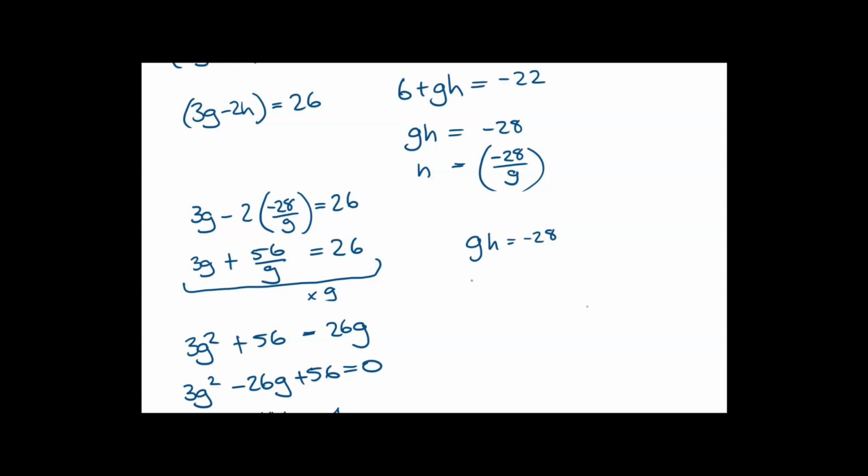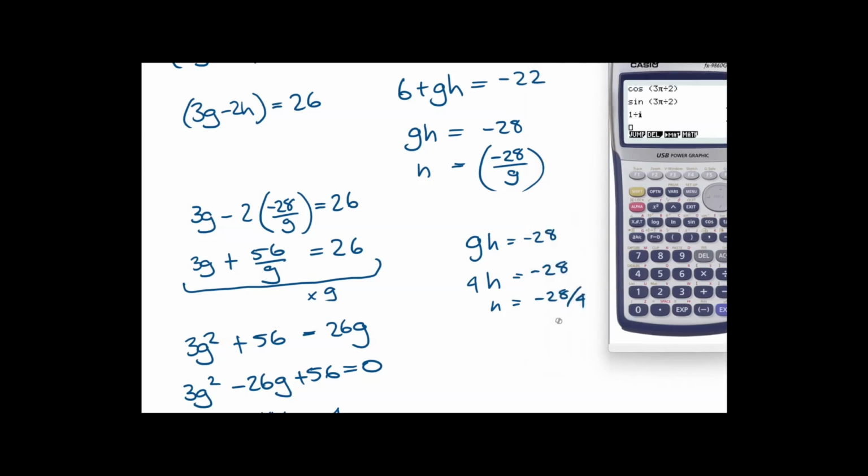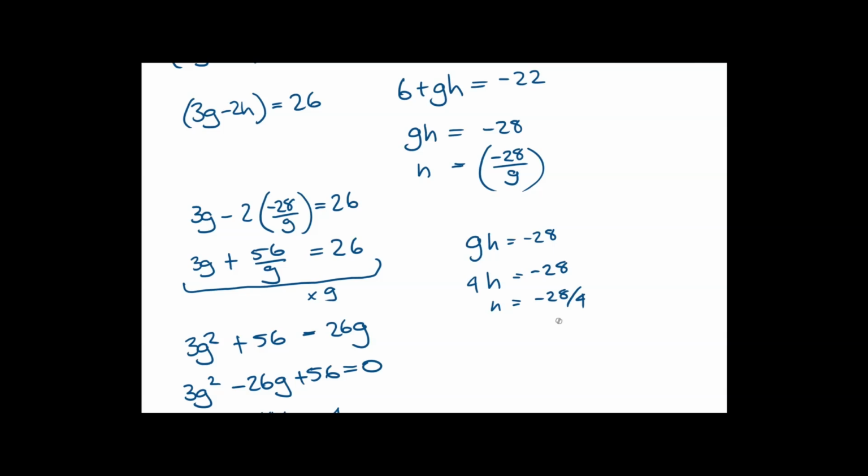So let g be equal to 4. h is going to be equal to negative 28 divided by 4, which is a nice whole number. Oh, it is a nice number. All right, h equals negative 7.